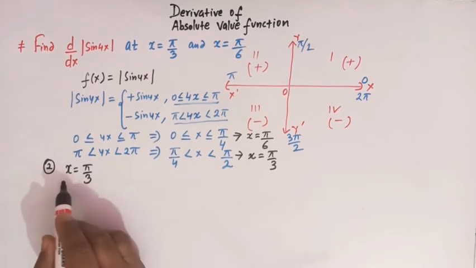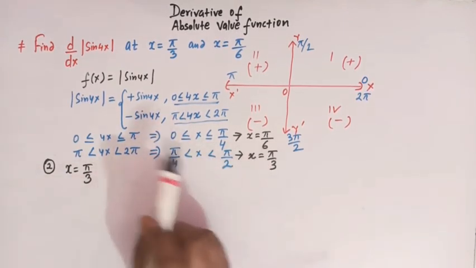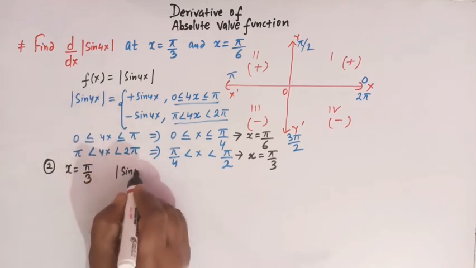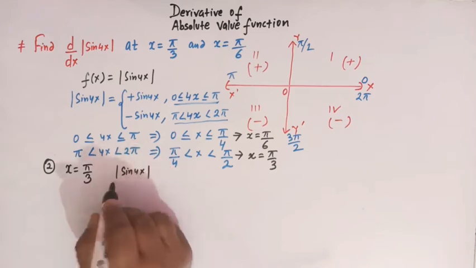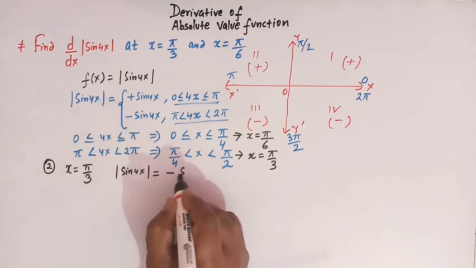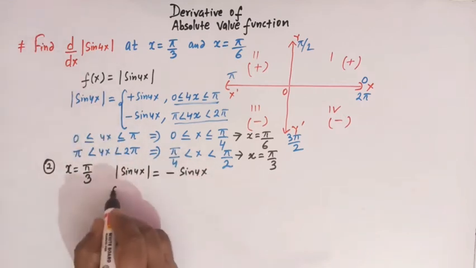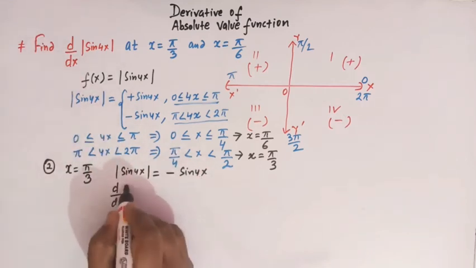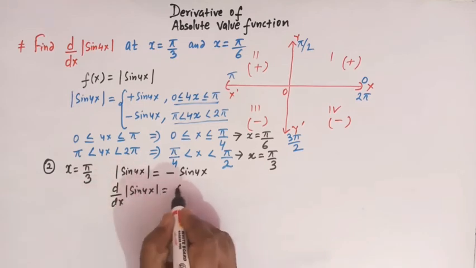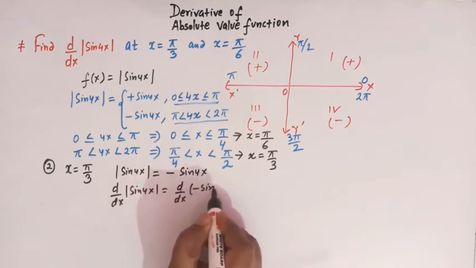Now when x is equal to pi by 3, we know that mod of sin 4x is equal to negative of sin 4x. So the derivative of mod sin 4x can be written as d by dx of minus sin 4x.